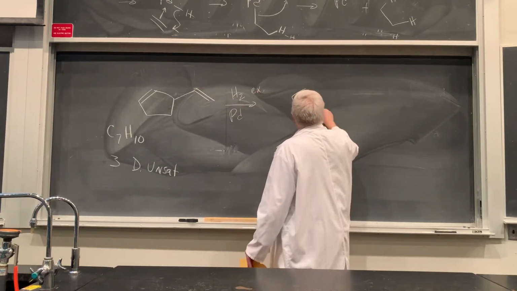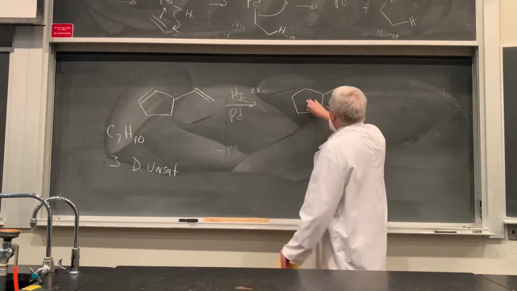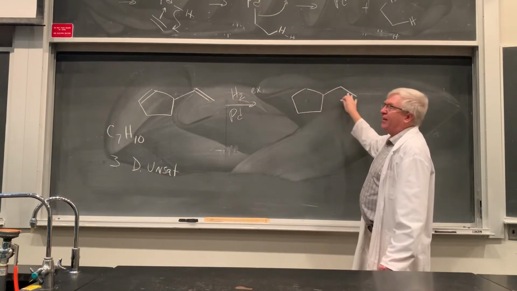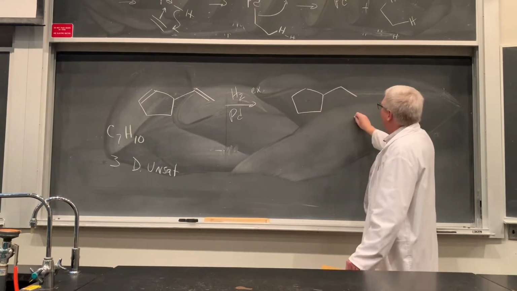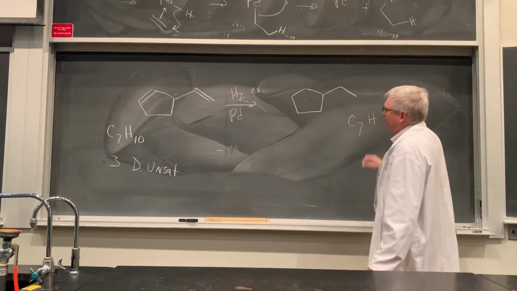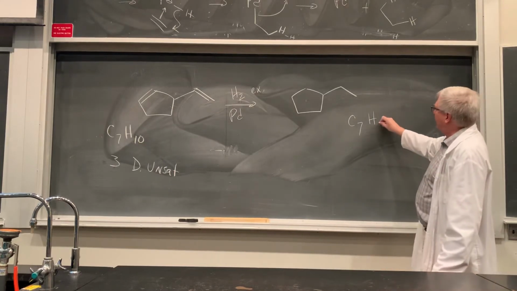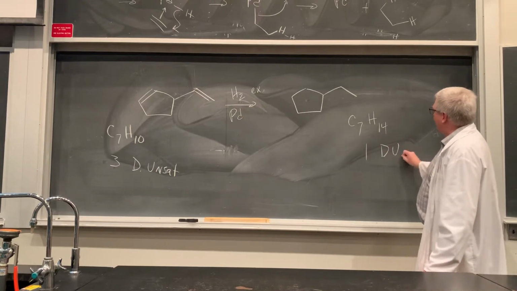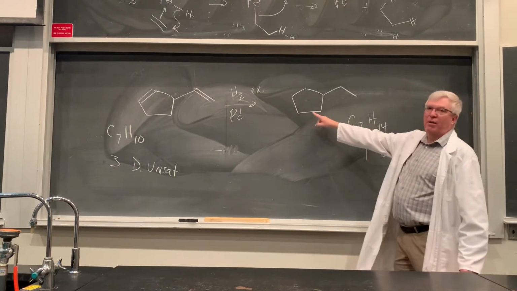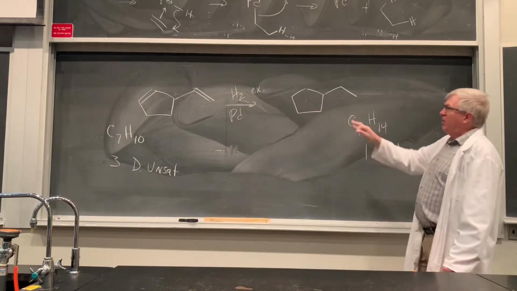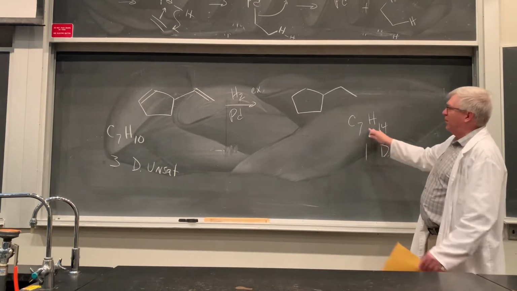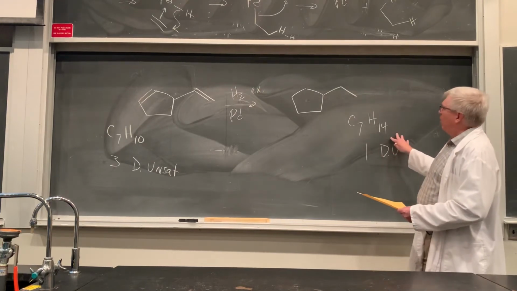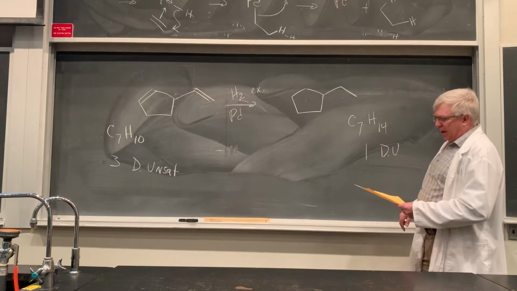In this case, it would go down to this product. It would not break open the ring, just hydrogenate or saturate the pi bonds. If we look at the molecular formula, we see C7H14, so we still have 1 degree of unsaturation, so we must have 1 ring. There are ways to use hydrogenation in combination with this analysis to estimate the structure, and that'll be important for NMR and mass spec coming up.